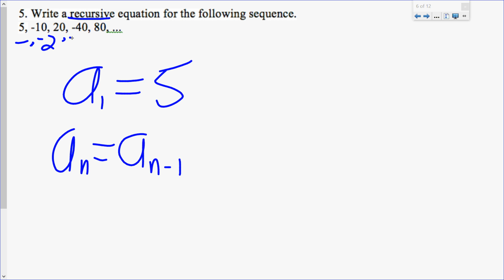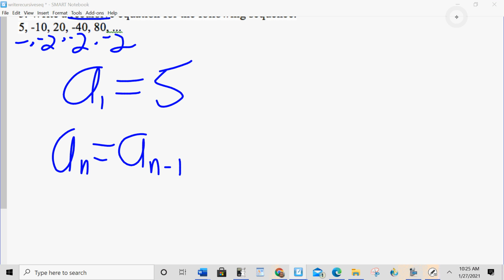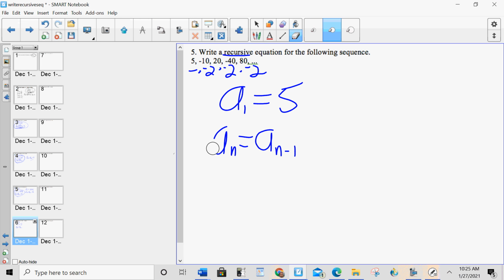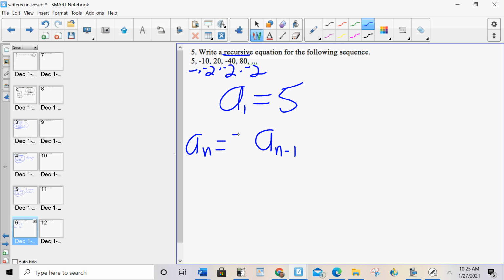Whenever you see the sign alternating, it's always going to be multiplying by a negative. So I'm just going to erase so I can actually fit it in here. I am multiplying the previous term by negative 2. That's my answer. There's not much more to this. It's not difficult once you get it.